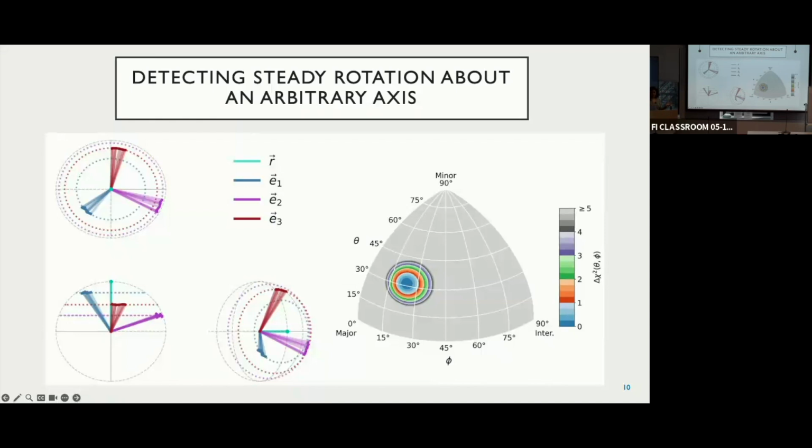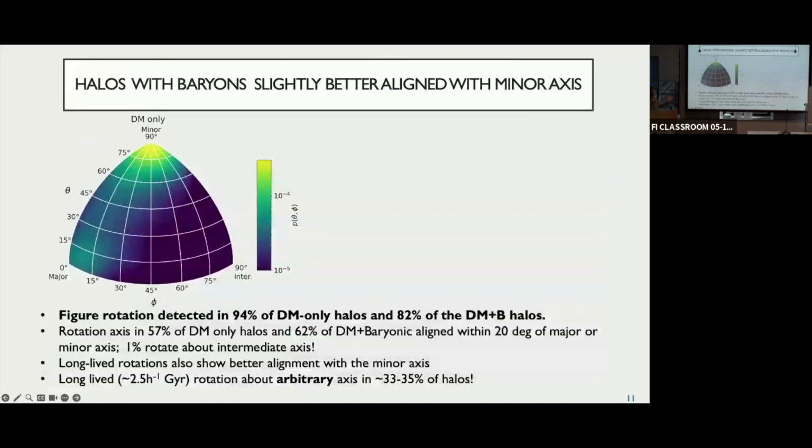And so we went through and looked at all of these 2,000 halos with dark matter only and dark matter plus baryons. This plot shows this octant. So if this is the major axis, you're looking down 1 octant of a triaxial system. The center is somewhere behind there.